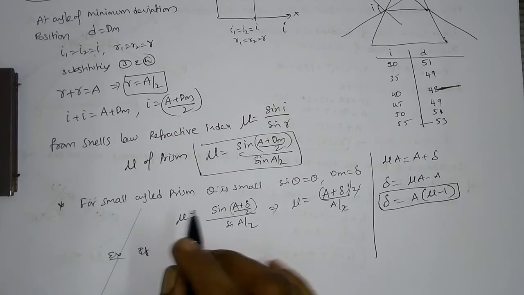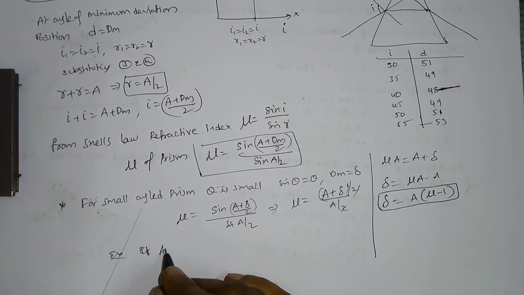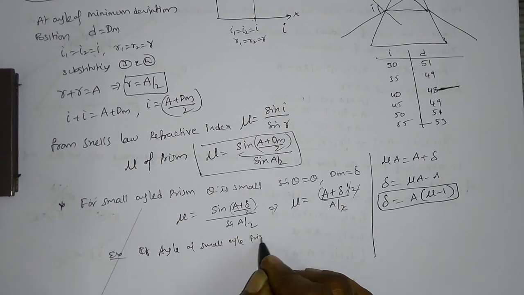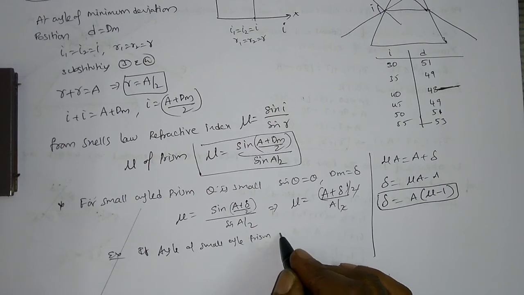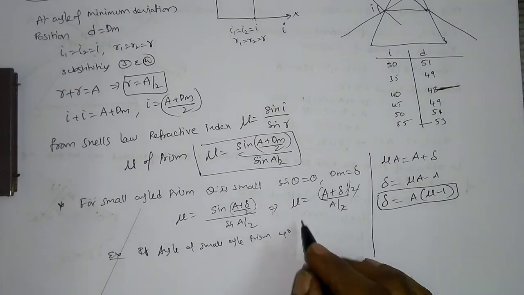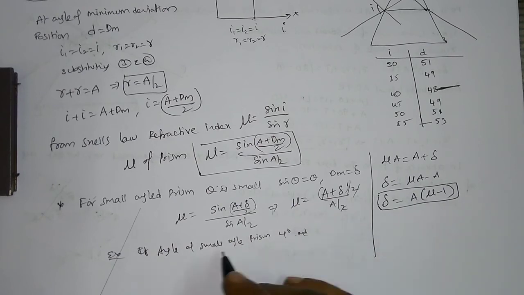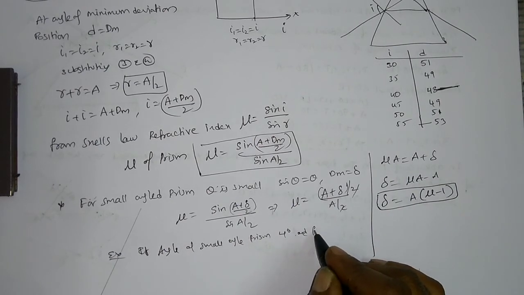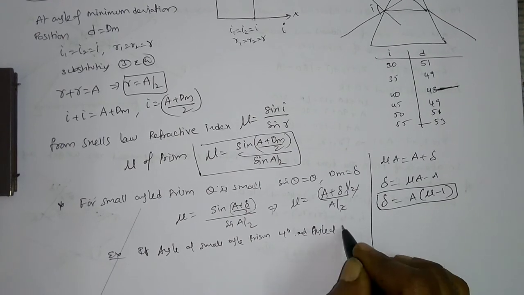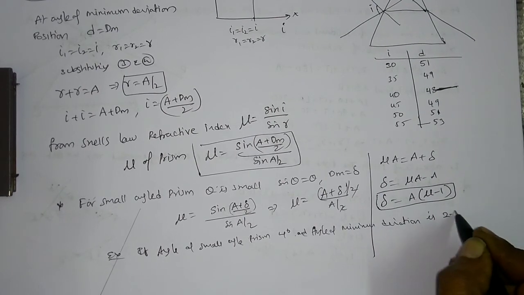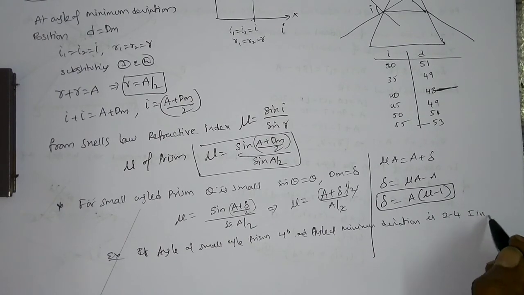If the angle of a small angled prism is 4 degrees and the angle of minimum deviation is 2.4, find the refractive index.